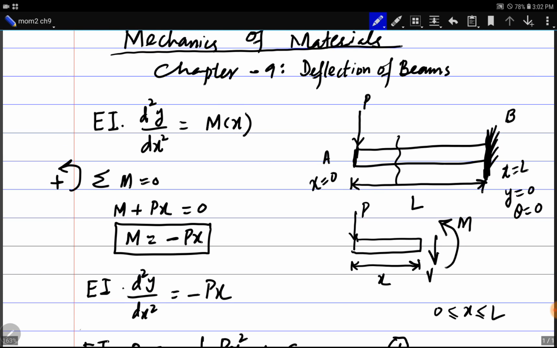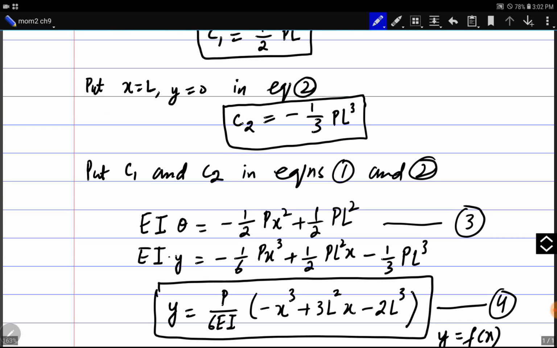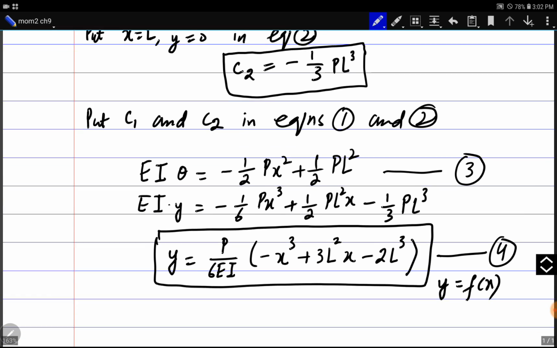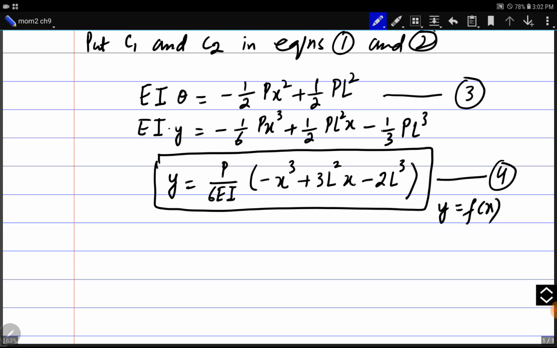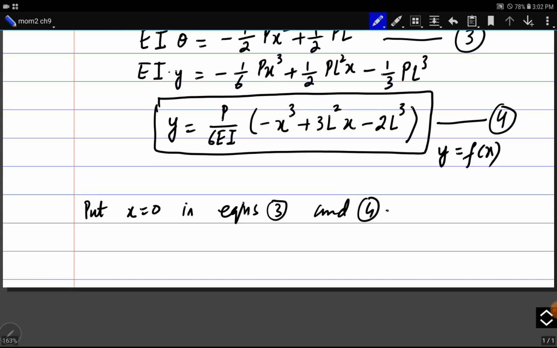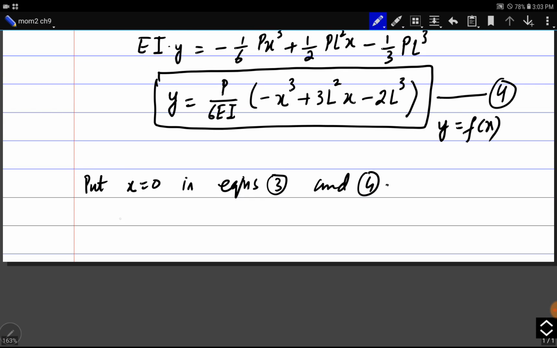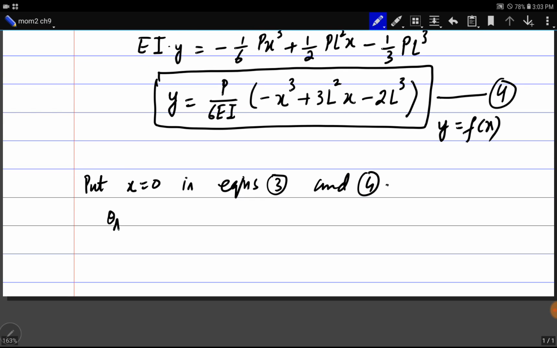So let us put x equal to 0 in equation number 3, we will get theta at A, and in equation number 4, we will get y at A. I will write it directly here. You can do the calculations by yourself.